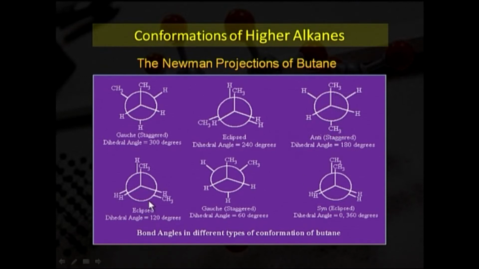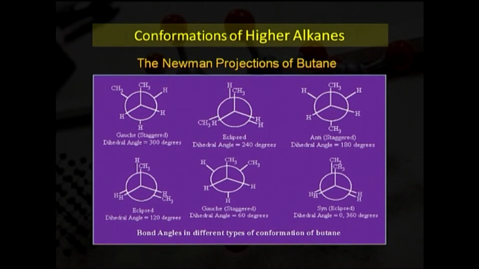And now, in this eclipsed form we are seeing that the angle is 120 degrees, and in this Gauche form, that is another staggered form, there are 60 degrees in between these two methyl groups, and in this syn or eclipsed form we are seeing that the dihedral angle is 0 degrees or 360 degrees. So, that is the nutshell about the dihedral angles in butane.